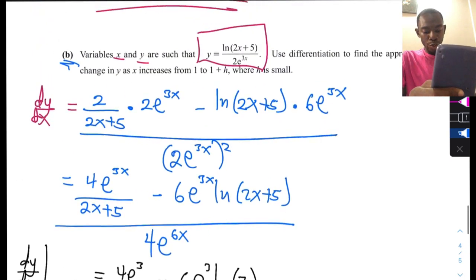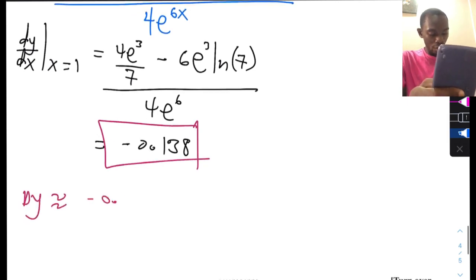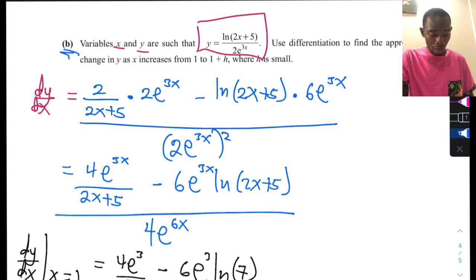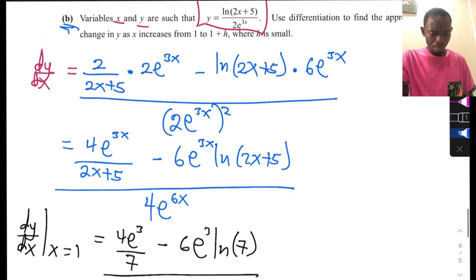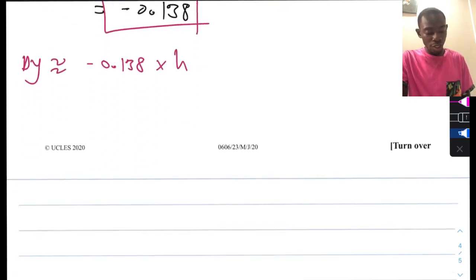But you know what we do? Our change in y is basically the derivative that we got times the change in x. The change in x is from 1 to 1 plus h, so the change is basically h, so our answer is negative 0.138h.